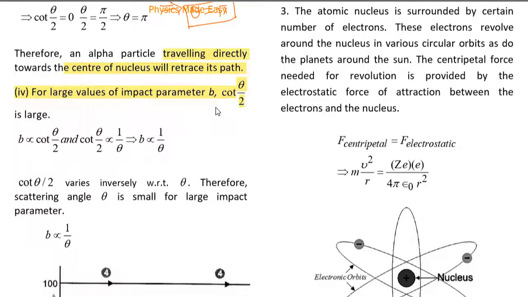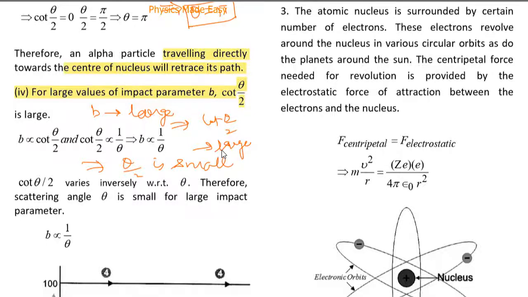For large values of impact parameter B, cot theta by 2 is large. If cot theta by 2 is large, we follow the same logic: B large implies cot theta by 2 is large, which implies theta by 2 is small.